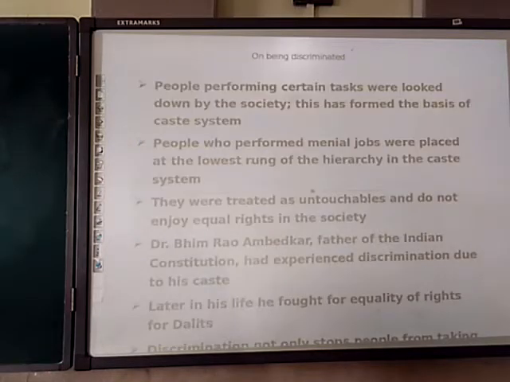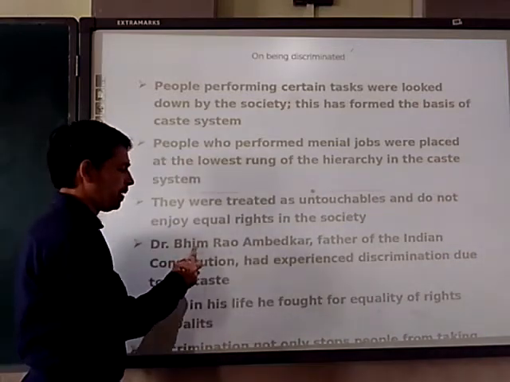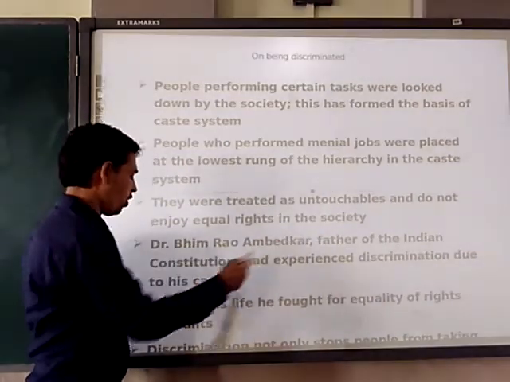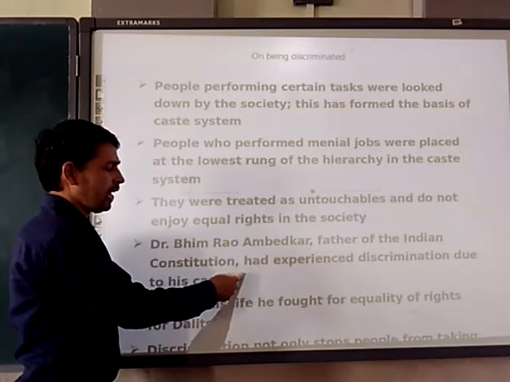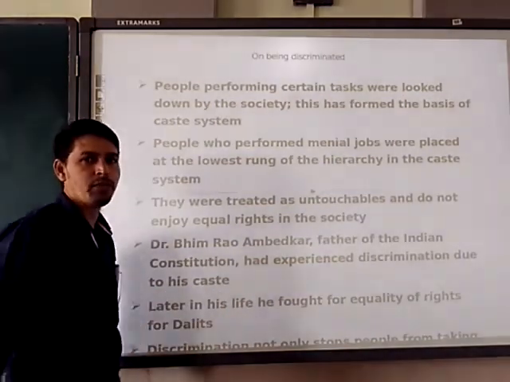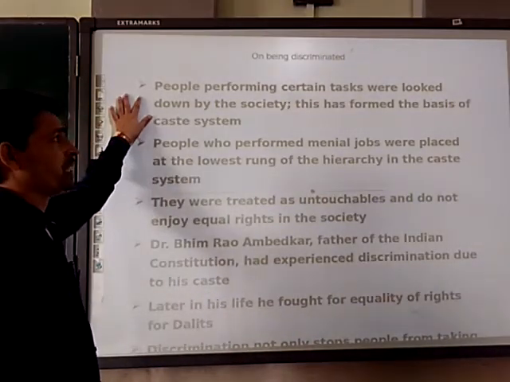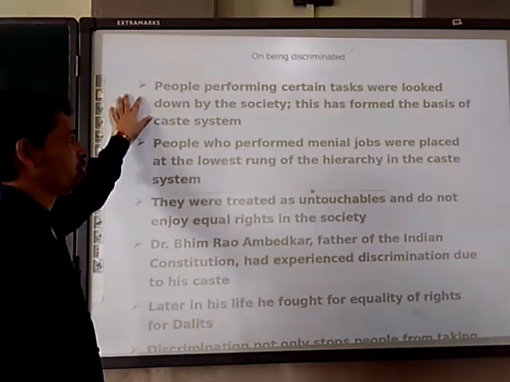Next, on being discriminated. Here we are seeing the story of Dr. Bhimrao Ambedkar. Dr. Bhimrao Ambedkar, father of the Indian Constitution, had experienced discrimination due to his caste because he belonged to a scheduled caste. People performing certain tasks were looked down upon by society.